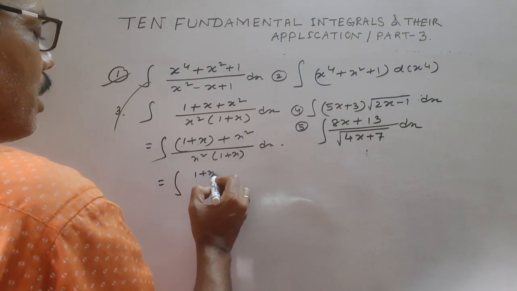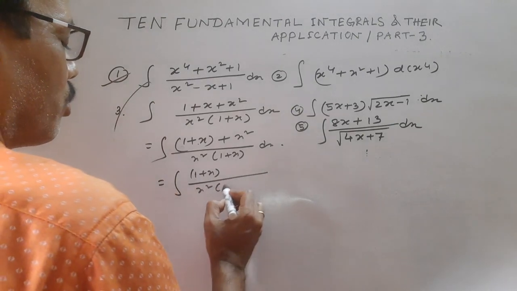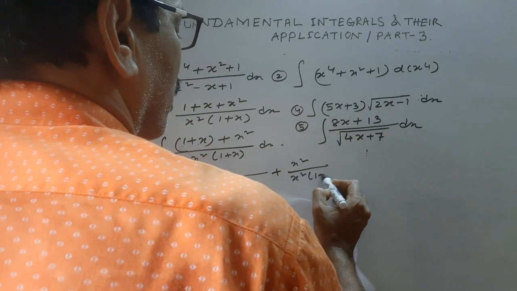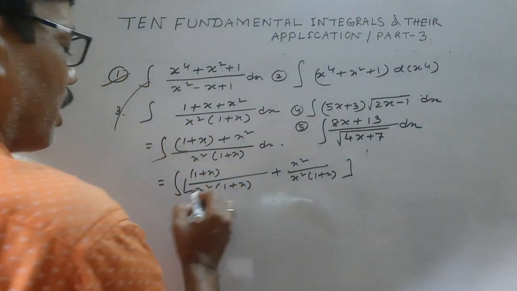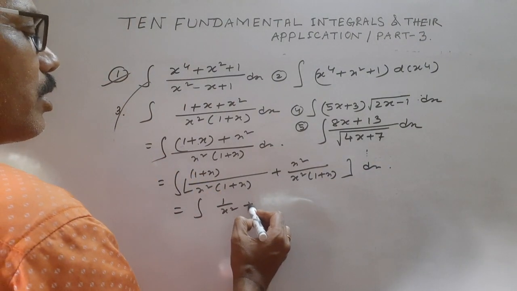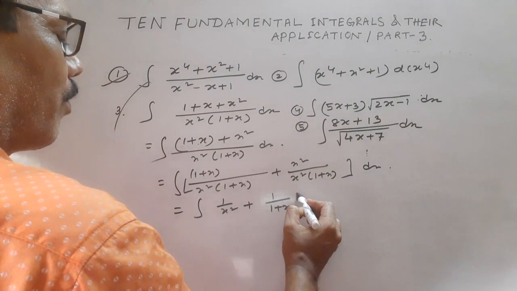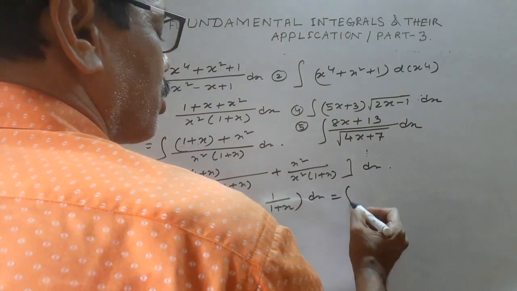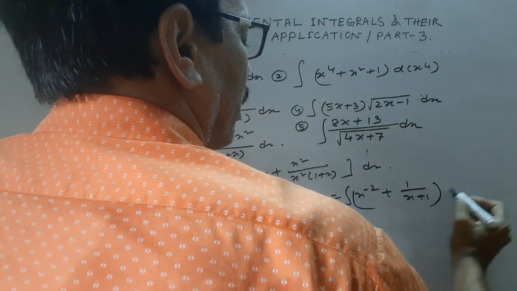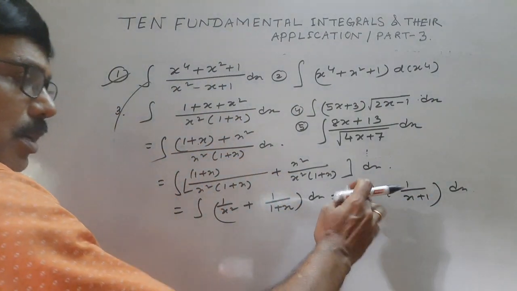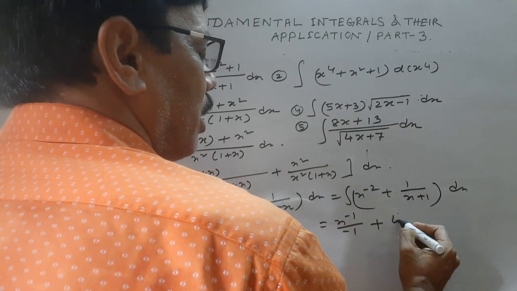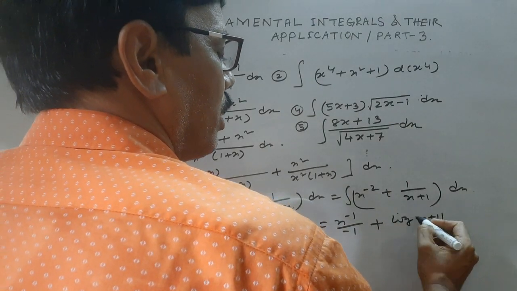So 1 plus x by x square into 1 plus x, x square by x square into 1 plus x dx. Now 1 by x square, this is 1 by 1 plus x. So both are in standard form. So x to the power n, this will be x to the power minus 1 by 1. So dx by linear is log of x plus 1 plus c.